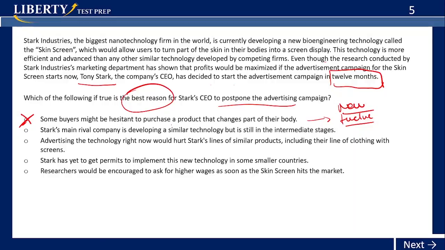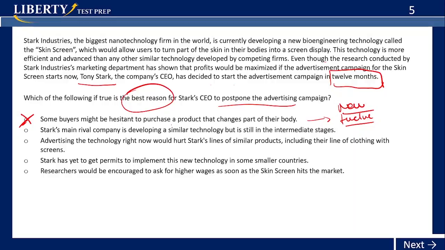Number 2, Stark's main rival company is developing a similar technology, but is still in the intermediate stages. Okay. Now, so if you already have the technology and the other competing firm is already working on the development for a product that is similar, wouldn't you want to release your product as soon as possible? You would, right?